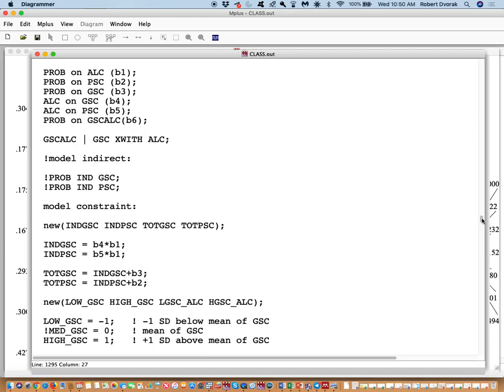Endurance. Pop on L, pop on PSC, pop on GSC, L on GSC, L on PSC, pop on GCL. All looks right.